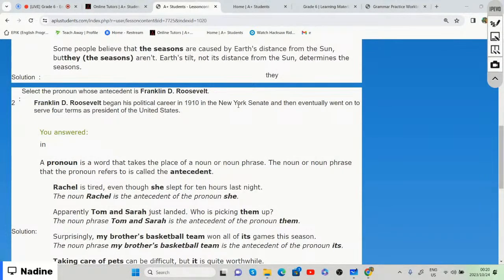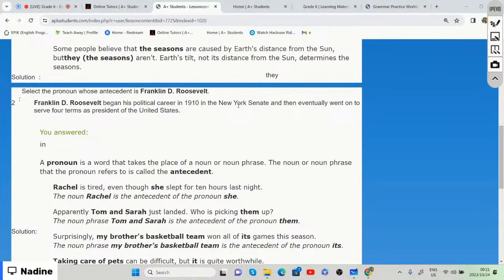We need to select the pronoun within those sentences whose antecedent is Franklin D. Roosevelt.